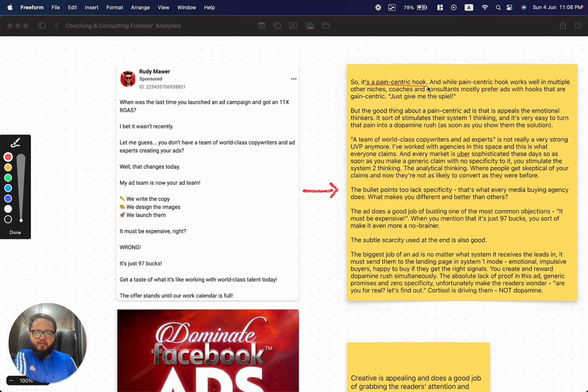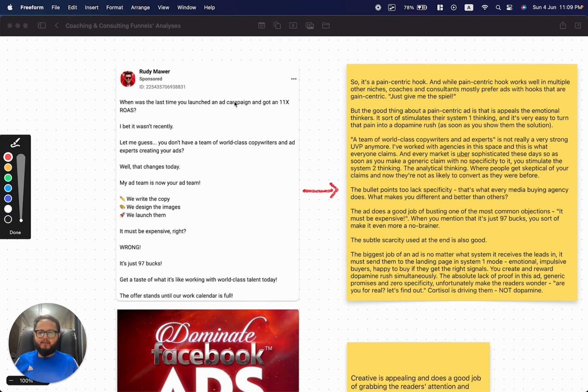So it's a pain-centric hook, and while pain-centric hooks work well in multiple other niches, coaches and consultants, business owners, SaaS owners, when you're targeting people who own businesses, they mostly don't take action based only on pain, because they are aware of all that. They have been struggling with that, and their way of thinking is: just give me the spiel, tell me what it is, how you're going to help me.